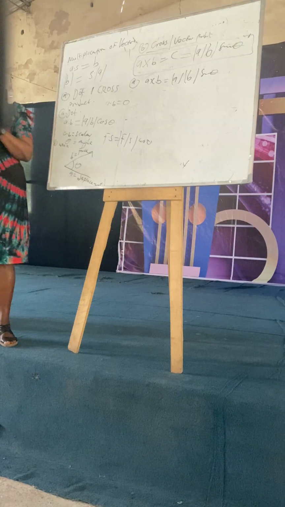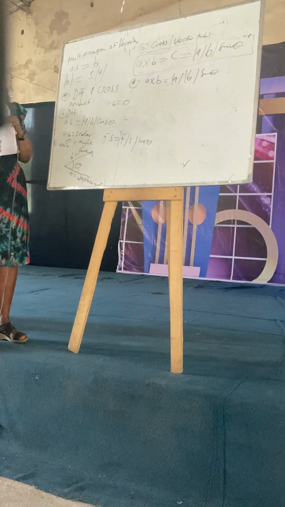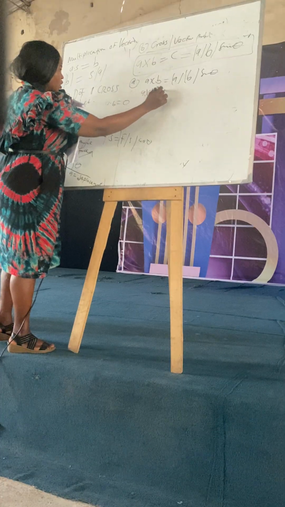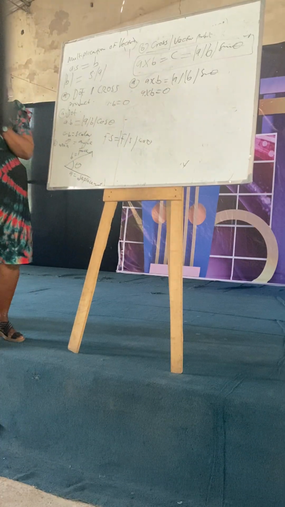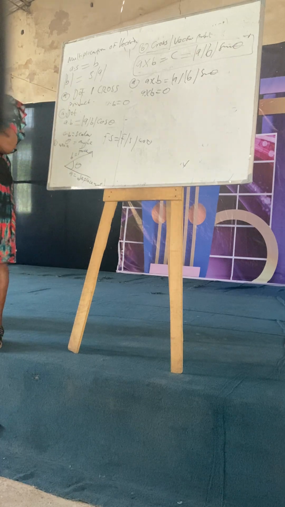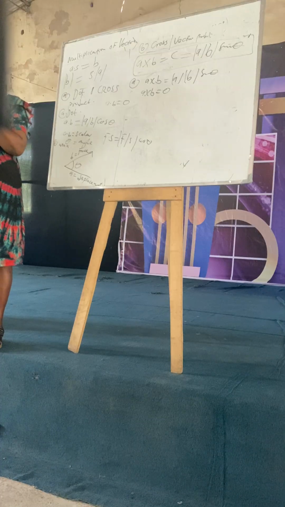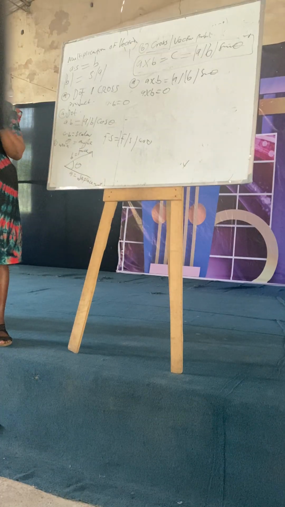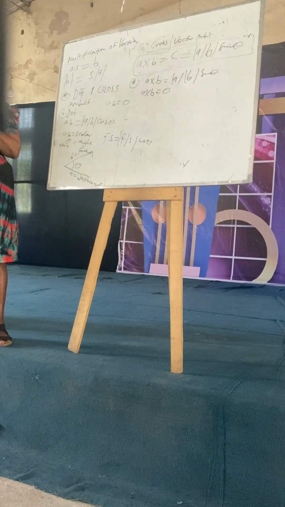When they are perpendicular, remember that sine 90 is not 0. Sine 90 is equal to 1. It is not 0. So it can only be 0 when the two vectors are parallel.